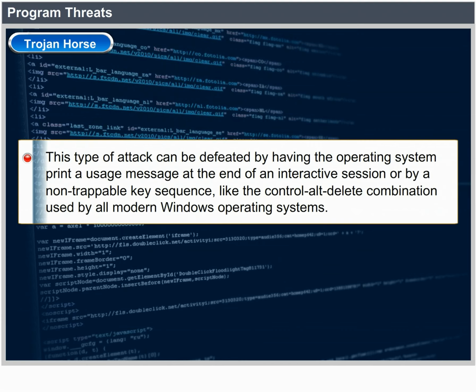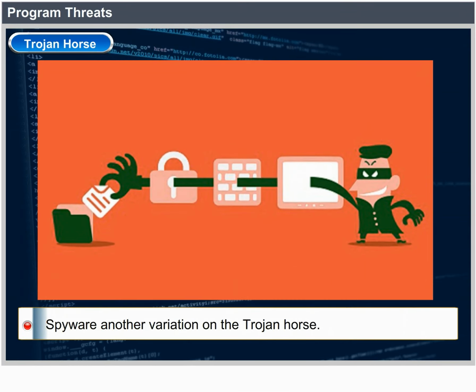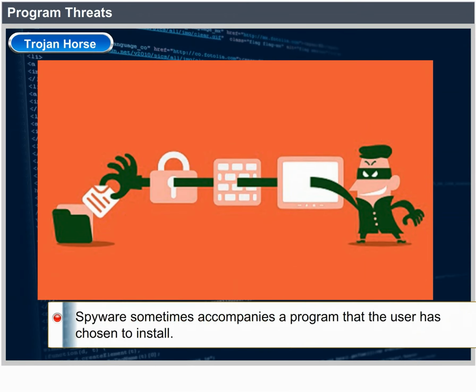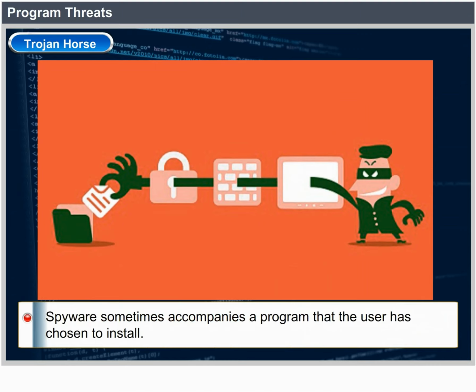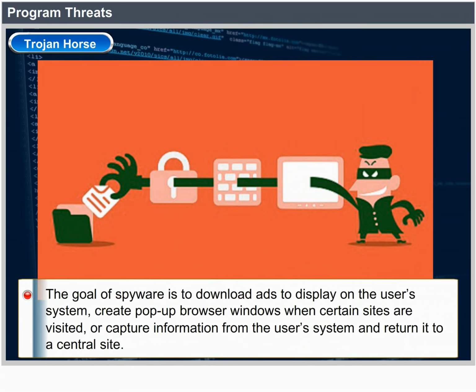Another variation on the Trojan horse is spyware. Spyware sometimes accompanies a program that the user has chosen to install. Most frequently, it comes along with freeware or shareware programs, but sometimes it is included with commercial software. The goal of spyware is to download ads to display on the user's system, create pop-up browser windows when certain sites are visited, or capture information from the user's system and return it to a central site.